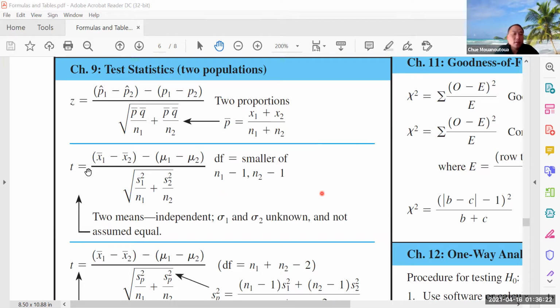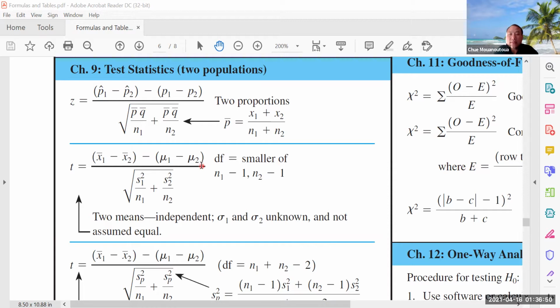Now let's look at the t. X bar, again, is the sample mean. 1 stands for first population, actually first sample. 2 means second sample. Mu1 is the first population mean, right?